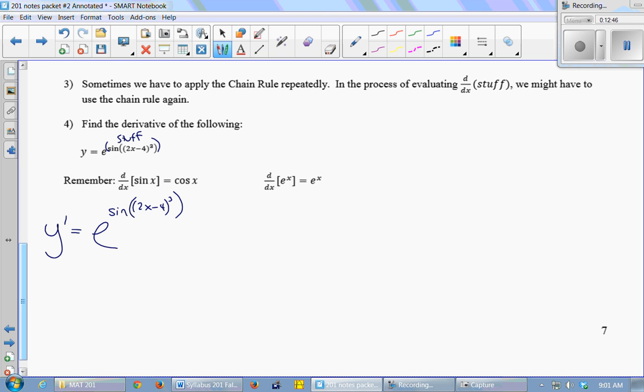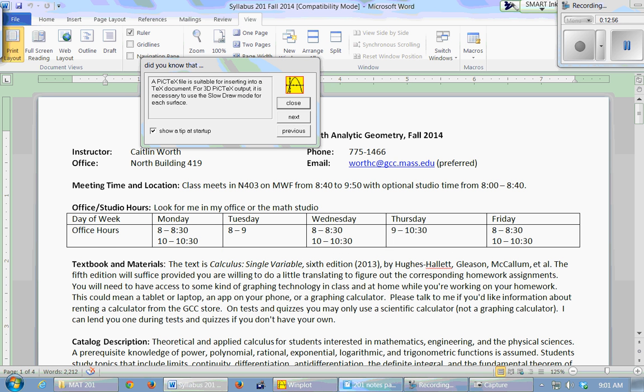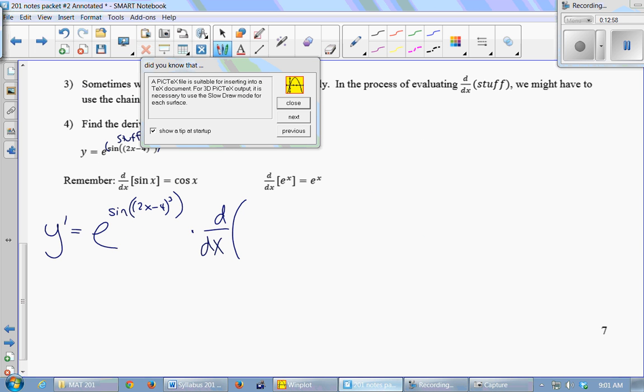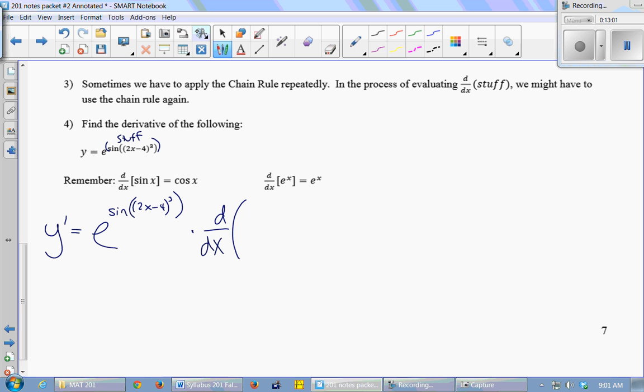Okay, so I've got e to some stuff, right? The derivative of e to some stuff is e to some stuff. Then I still have to multiply by the derivative of the stuff, right? And my stuff is the sine of (2x minus 4) cubed.